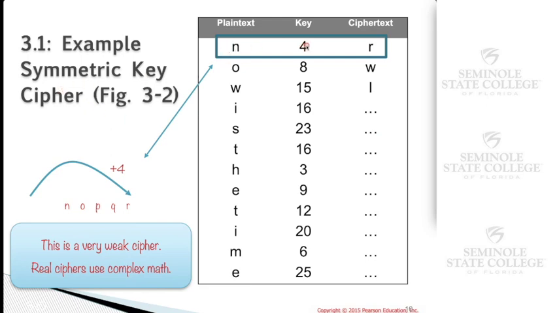N moves 4 spaces and becomes an R. The whole text can be moved different numbers of places to create your ciphertext. Not all the letters need to move by the same amount, even if they're the same letter. I over here is making 16 hops, while I over here makes 20 hops, and the same for E. You can see that it's different, 9 versus 25.